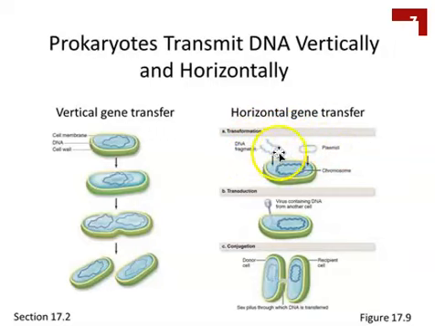When DNA gets released out into the environment like this, upon the death of a cell, it's often broken up, it's often fragmented. Where it becomes horizontal transfer is when another cell, a living cell, takes in those pieces of DNA and incorporates them into its own cell.